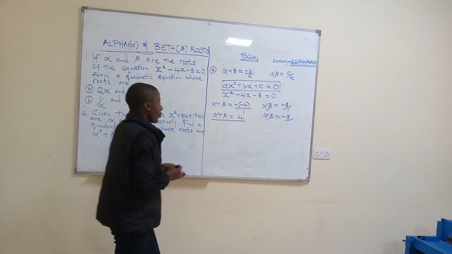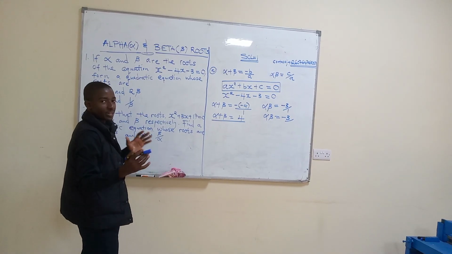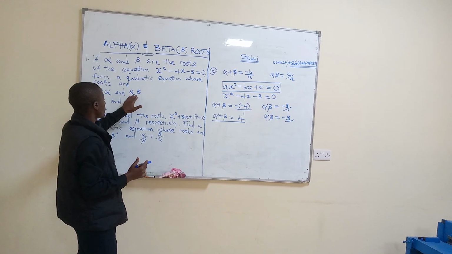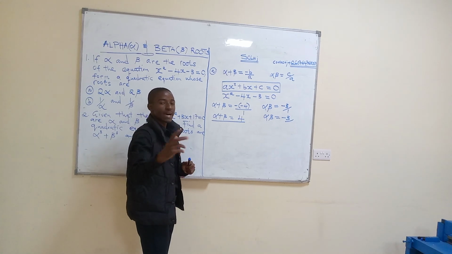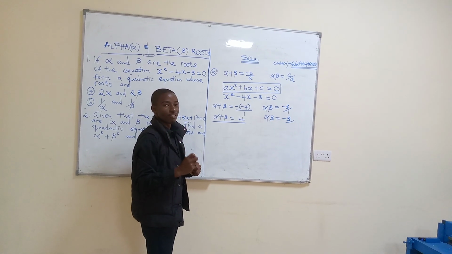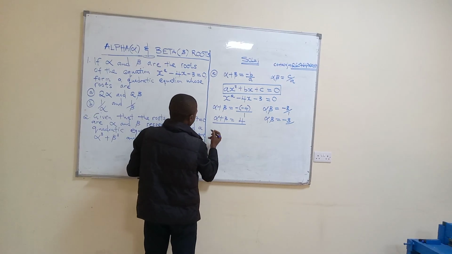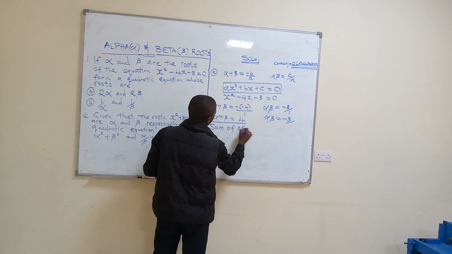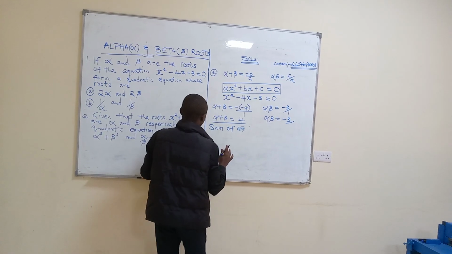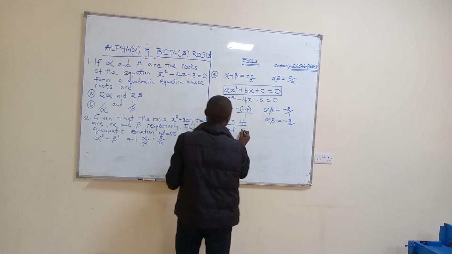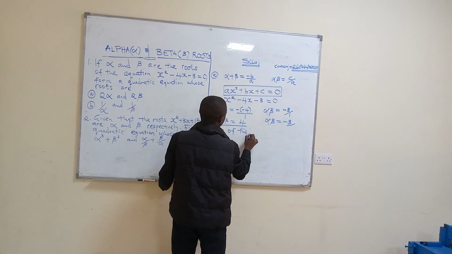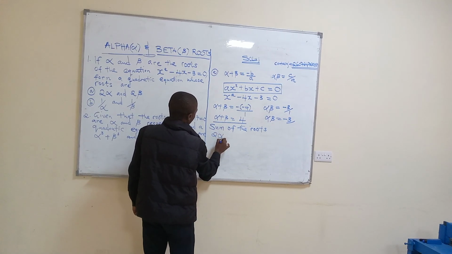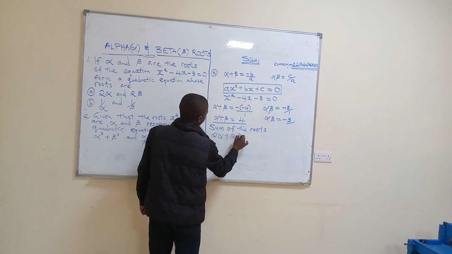Now, we have been asked to find the quadratic equation for 2 alpha and 2 beta. So I have to find the sum of the roots, which is 2 alpha plus 2 beta.